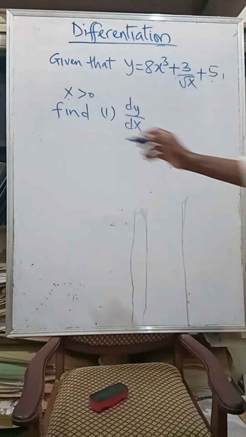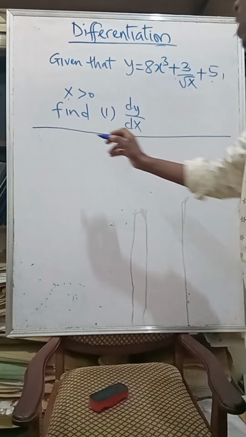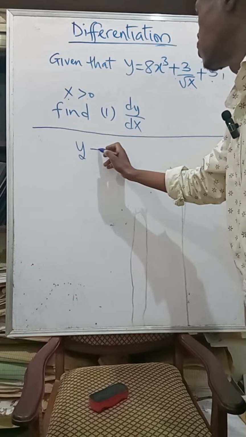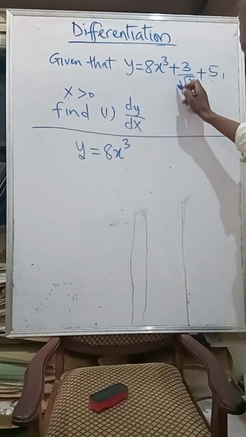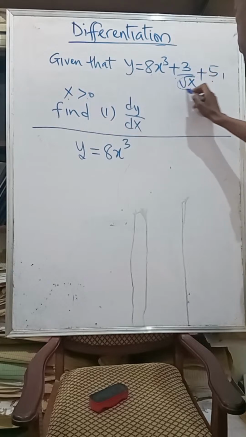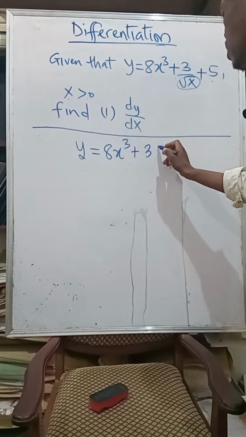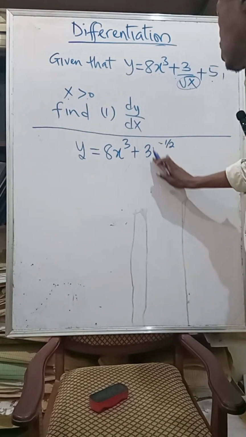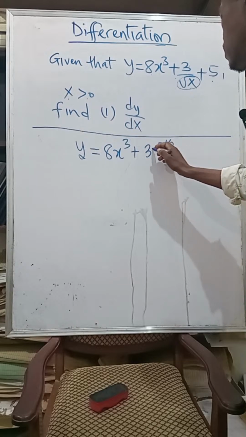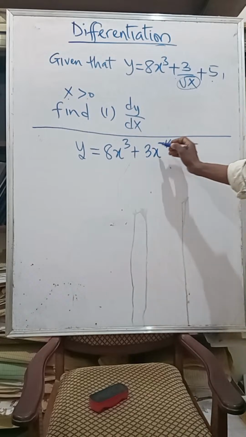What we do first for this question is to do the algebra. What does that mean? Let's remove these square roots, this radical. So that will be 3 times x to the power minus half, and then plus 5.